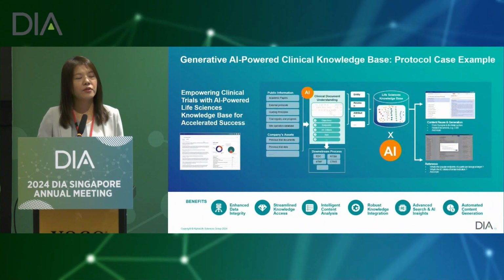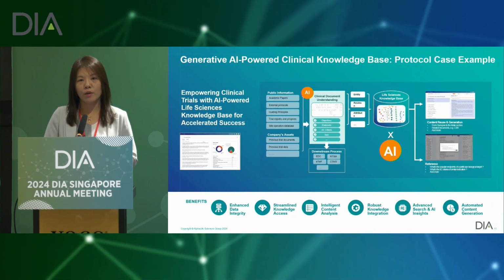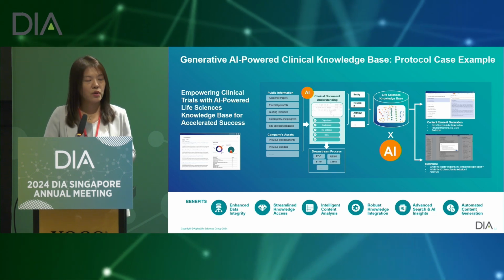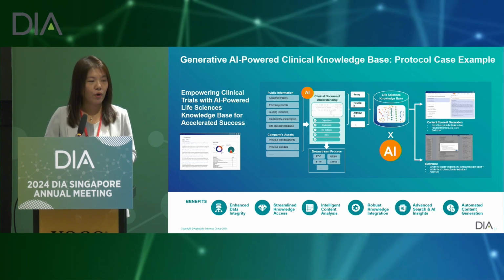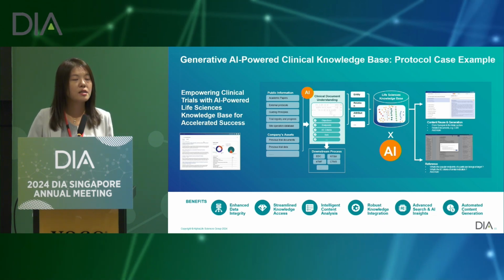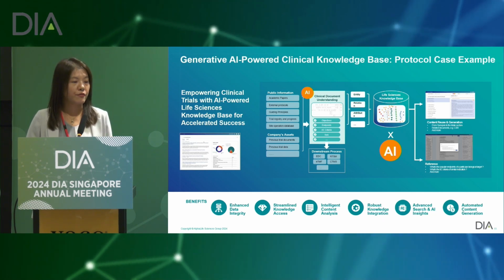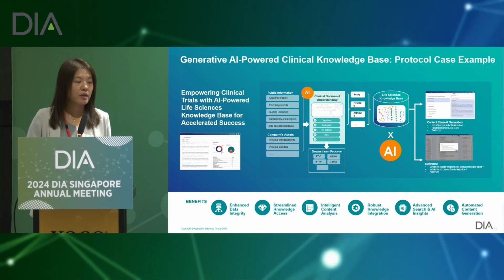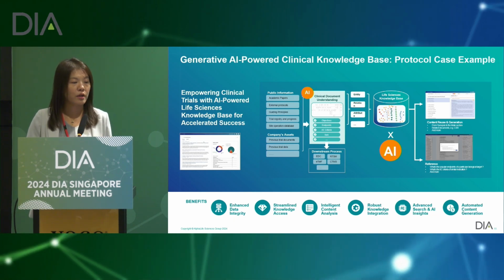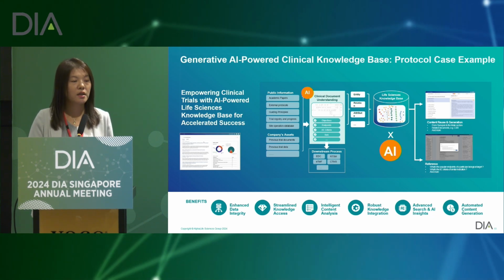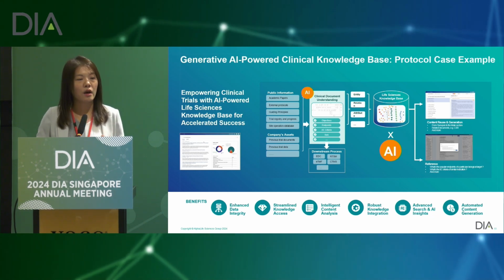Okay, now the other example is on the development of the protocol synopsis and the protocol document itself. So in an AI-powered platform, we have a complex engine to intake publicly available information, as well as, based on enterprise level requirements, company level knowledge, and then we use the AI to scrub the data, categorize the data, and put it in the knowledge database.